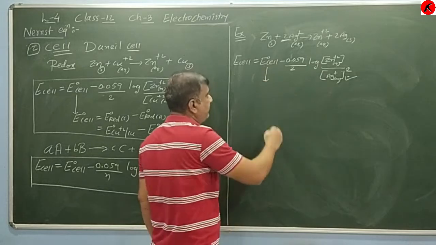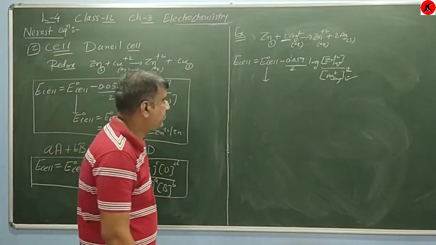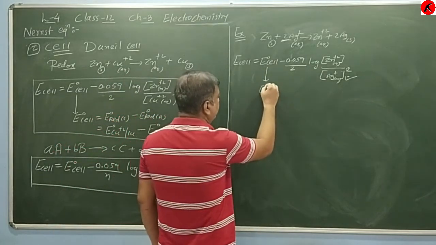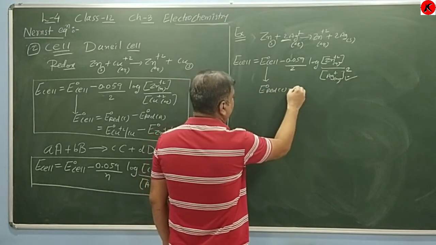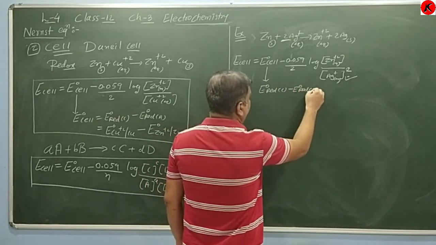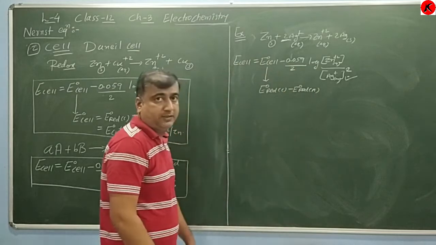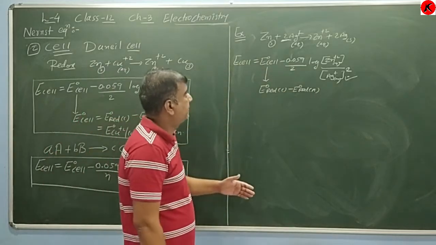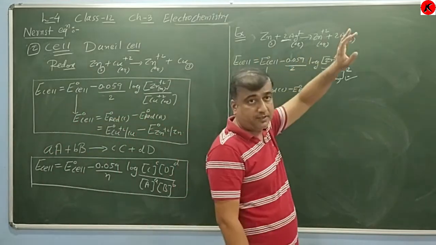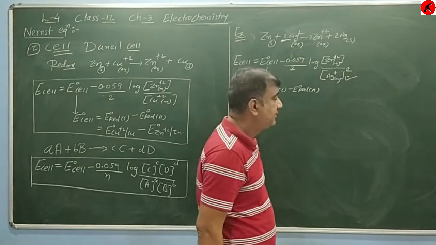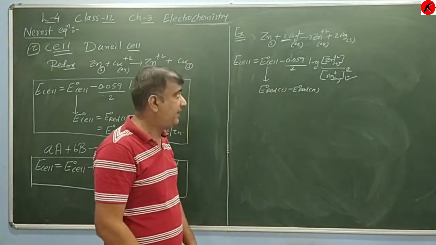Now the standard cell potential is calculated as E reduction of cathode minus E reduction of anode. Here which acts as the cathode? Zn is converted to Zn2+, which is oxidation, that means Zn acts as the anode.